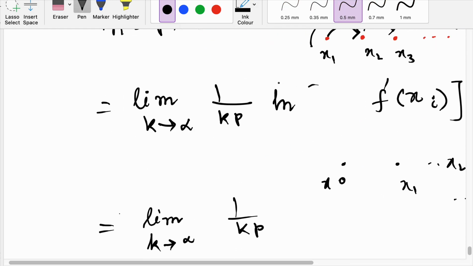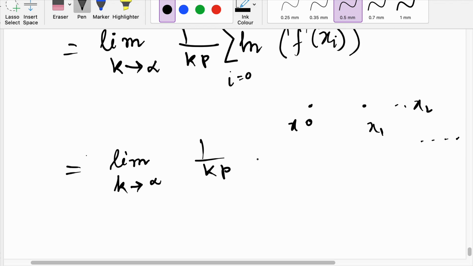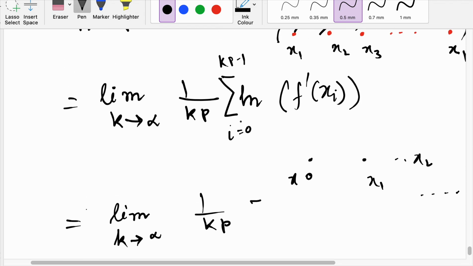So the summation will be of f prime xi, i equal to 0 to kp minus 1. This chunk will appear kp times, so k times.